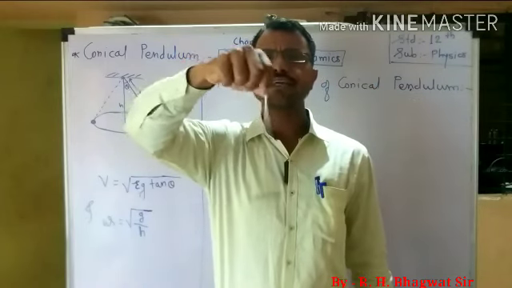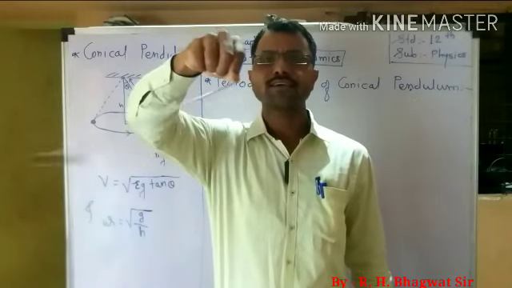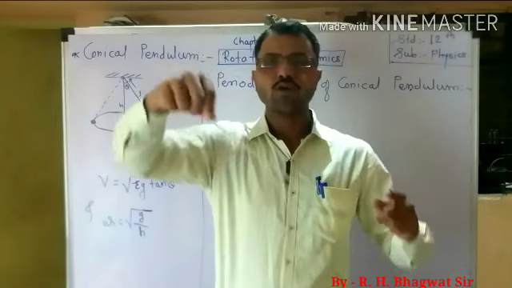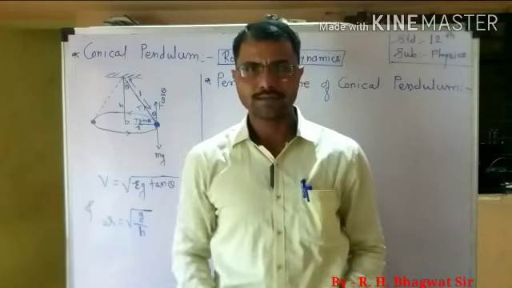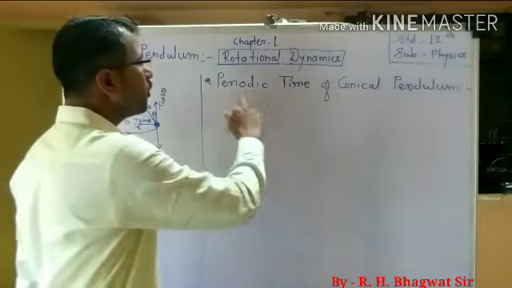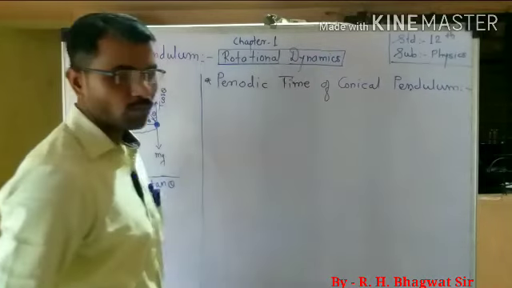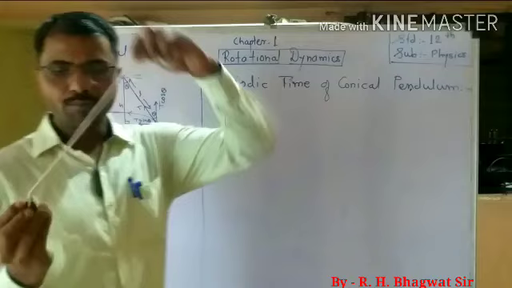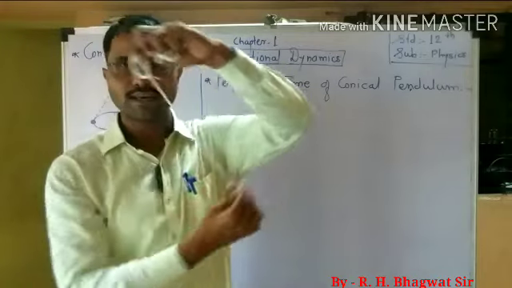As we increase the angular velocity, the bob goes in the upward direction. Today we are going to calculate the periodic time of this conical pendulum, the time in which the bob completes one circle.